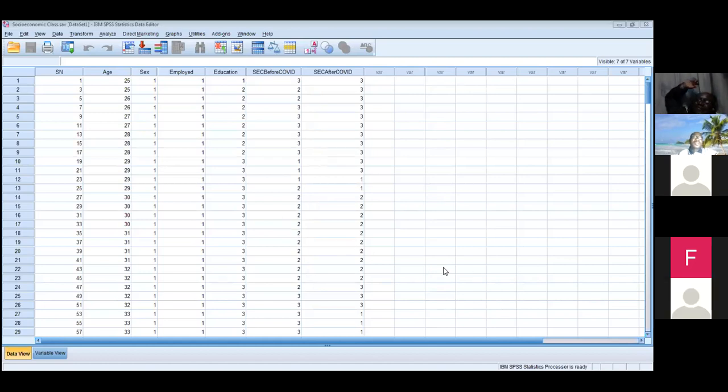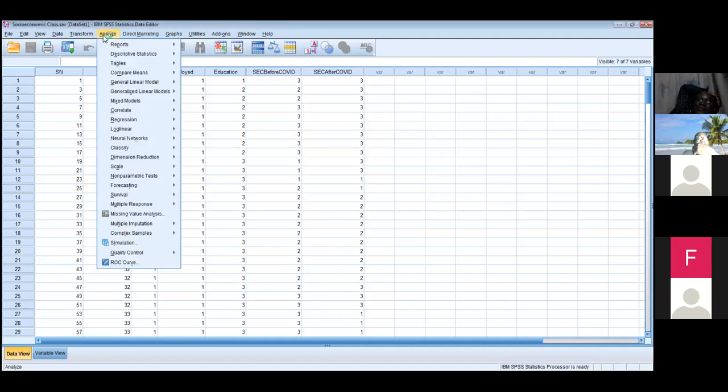Okay, can you see my screen? Yes. So go to Analyze. It's the same procedure: go to Descriptive Statistics, Crosstabs.